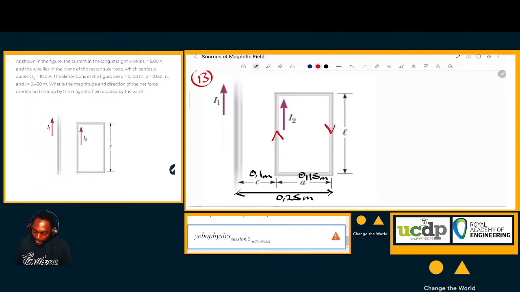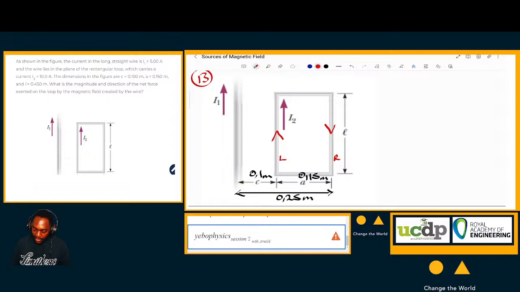All right, which means that the straight conductor acting on the loop will be influenced by the left side of the loop and the right side of the loop.